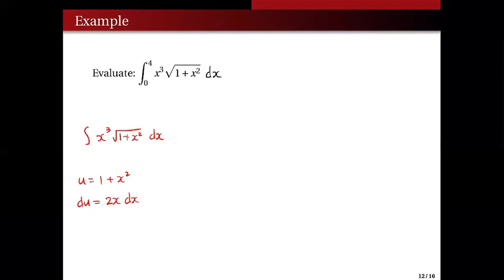So if I rewrite this, we have the integral of x squared, square root of 1 plus x squared, and then I'll put the x beside the dx. So this x times x squared, that's your x cubed. Now I have this x dx, and I have it here.